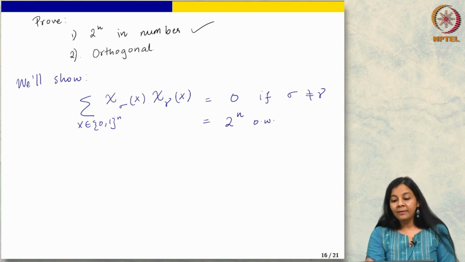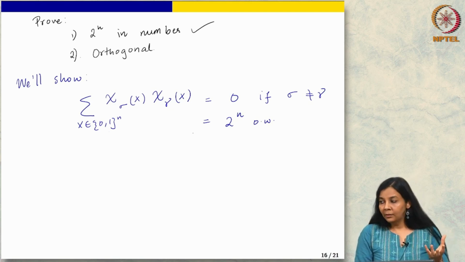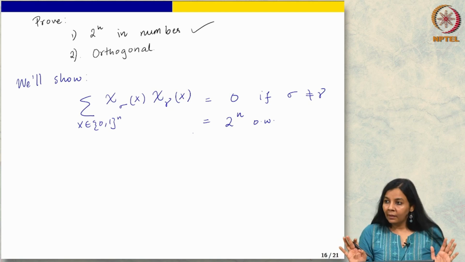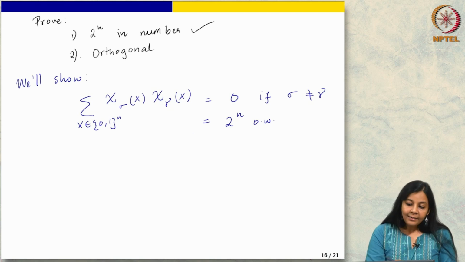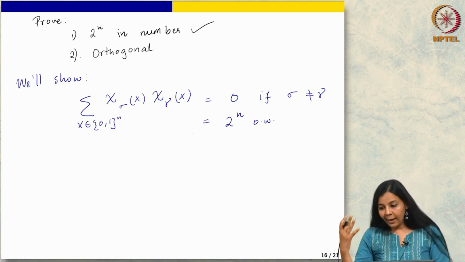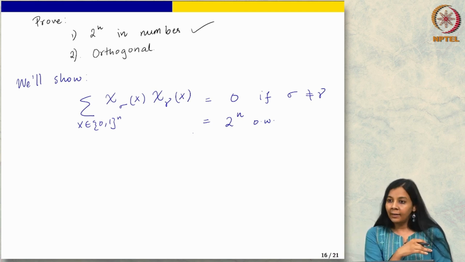Now, why am I considering this inner product? I am trying to show that the vectors are orthogonal. Well, it is just the inner product of the two vectors, right. So, everyone agrees that this is enough, right. So, let's go ahead and show this. One nice way of thinking about this is to bring the 2 to the n over to the other side, and think of a uniformly chosen x.